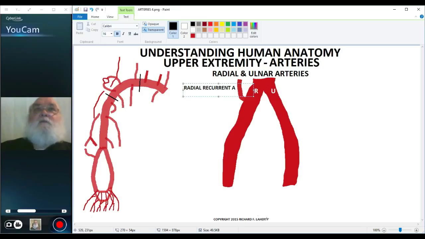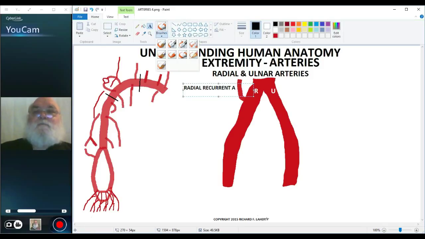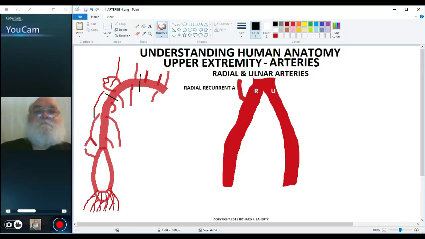Then when we get down to the distal end of the radial artery, what we'll find is that there is a branch that goes to the superficial arch.